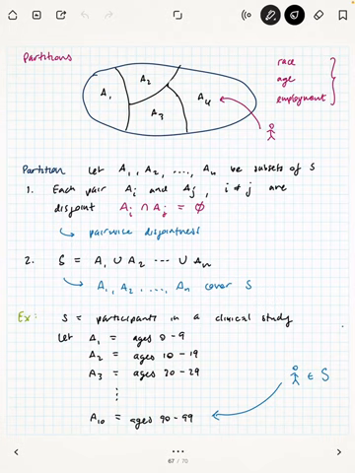In other words, their intersection, A sub i intersect A sub j, is the empty set. There's nothing that belongs to both. This is a condition that we also sometimes call pairwise disjointness. So whenever you hear that condition, that's what we're talking about.